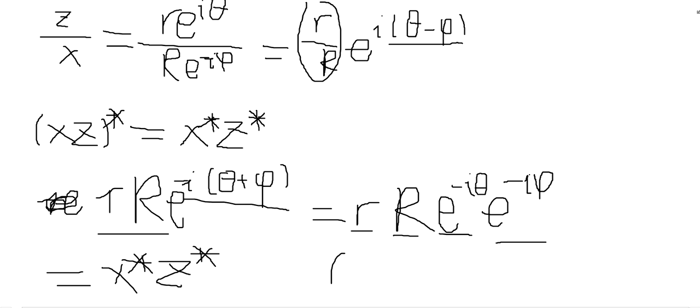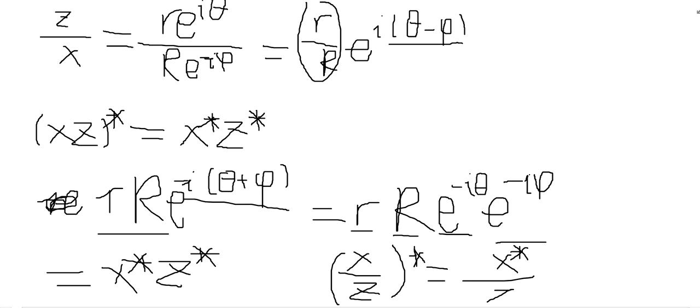The same pattern is observed if you divide the two complex numbers: x over z, complex conjugated, equals the complex conjugate of x divided by the complex conjugate of z.